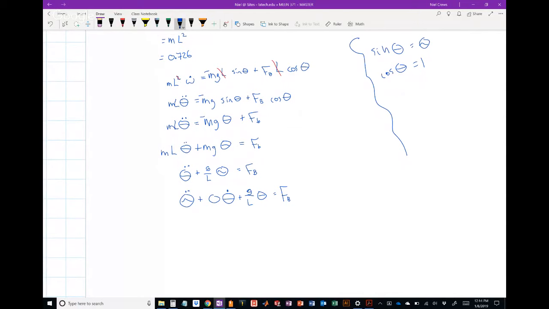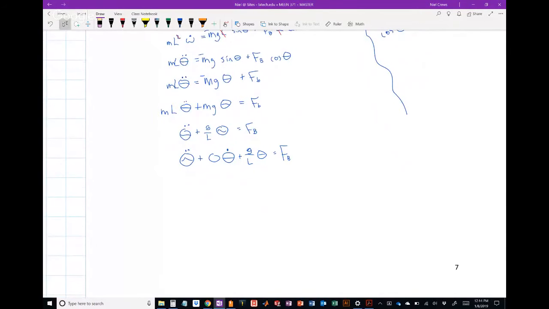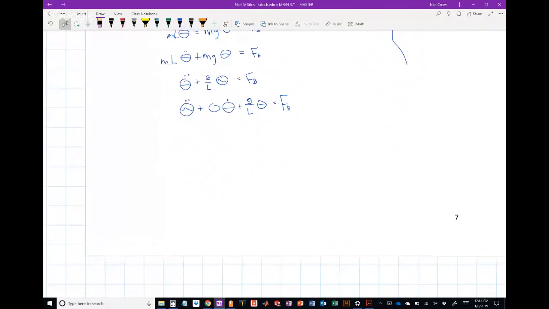Okay. Now, if we look now at table 2.3.2, this is going to be case 3. Okay, case 3, where a equals 0, b is going to be g over L, and F_B over mL.